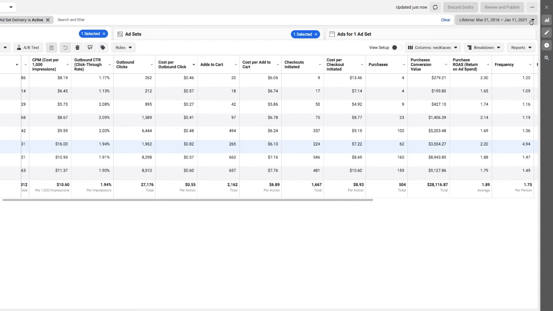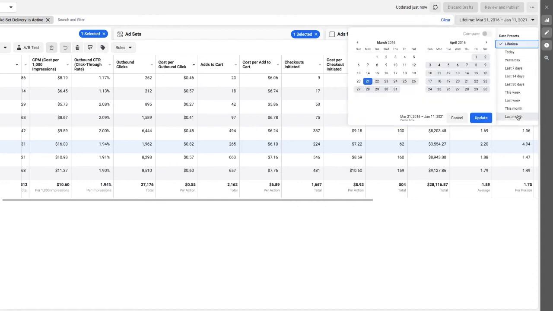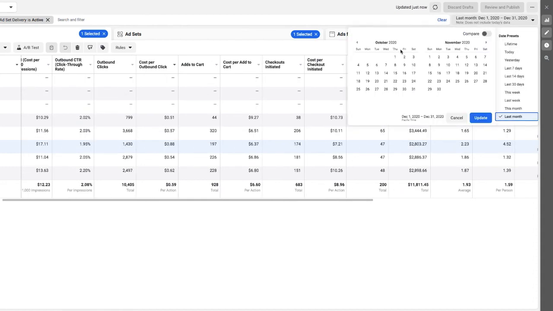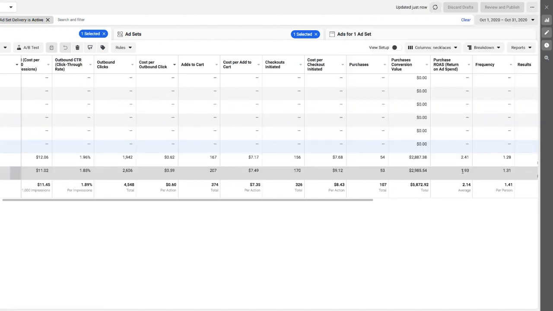And you can see how this works. If I go back to October the 1st, which was when I started this ad, and I just look at the metrics for the month of October, you can see that for that month, the ROAS was 1.93. That was in profit.